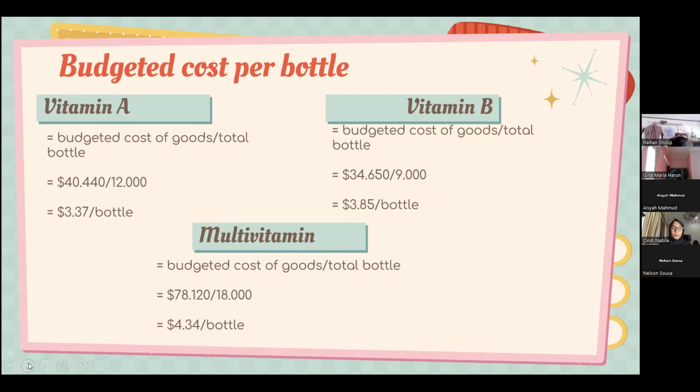And for vitamin B, it goes with 34,650 divided by 9,000, and then we get a budgeted cost per bottle of $3.85. And then for the multivitamin, the budgeted cost of goods is $78,120 divided by 18,000, and then we get $4.34 per bottle.